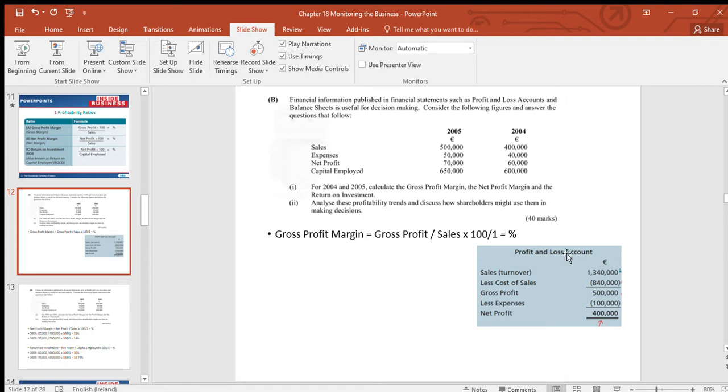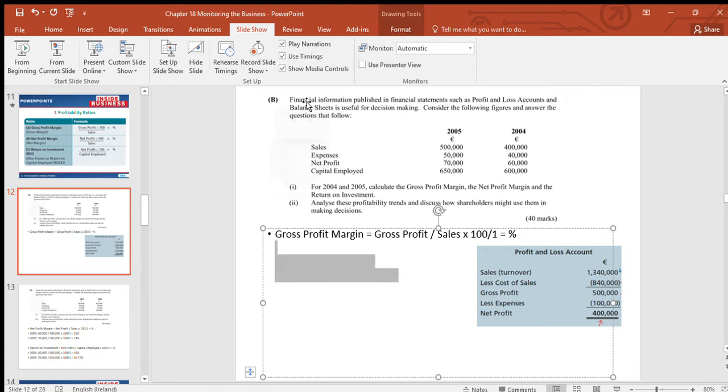This question, net profit is 60, expenses are 40, therefore I know that in reverse, if I was to add these together, my gross profit would have to be 100. 100 minus 40 gives me 60. So I can work my way back up. As long as I know this format, I can work my way back up. So I've kind of briefly just explained that here.